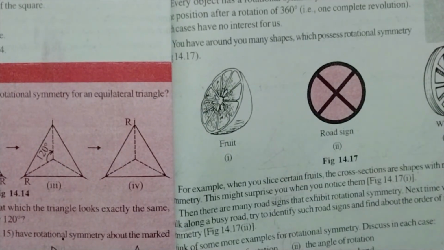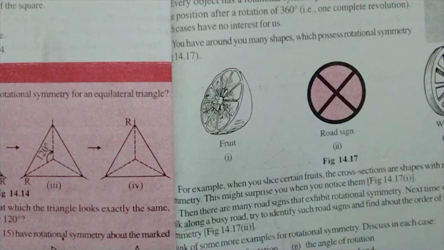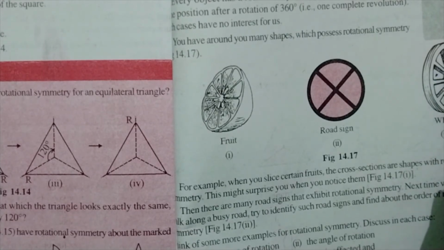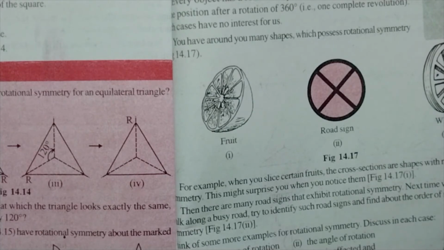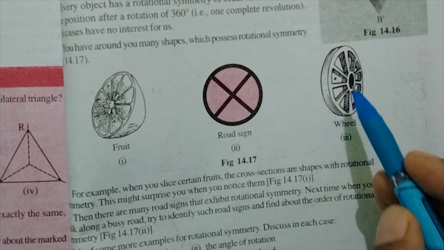Now what do you say about this road sign? What is the order of rotational symmetry? Of course, the order of rotational symmetry is 4. Now this is a wheel. What is the order of rotational symmetry of this wheel?